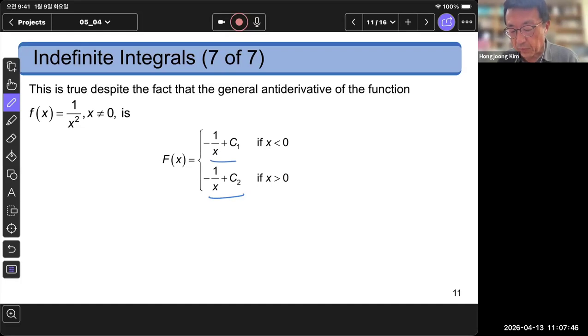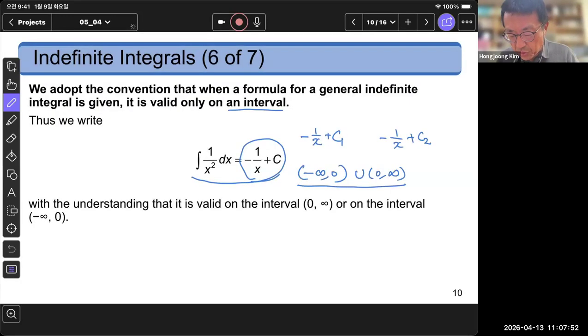Since everyone in the science community knows this situation, we use this single c to express a general constant to represent a family of antiderivatives. If I ask you such a question in the exam, you can just use a single c.